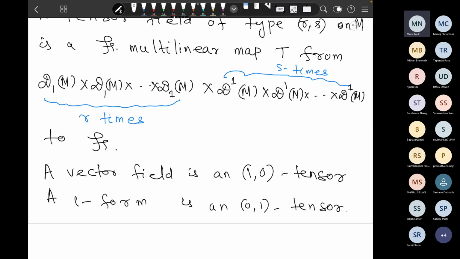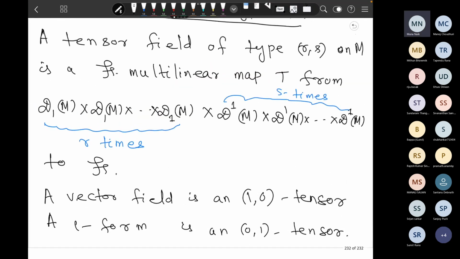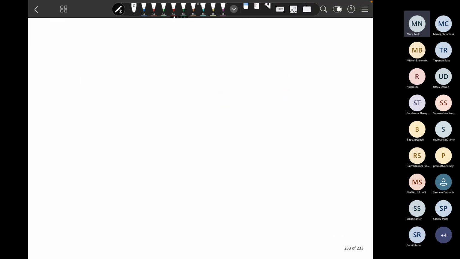Actually, people also include function spaces as tensor elements, because they want to consider the tensor algebra. So any f belonging to C infinity of M is a 0-0 tensor. This is an assumption.